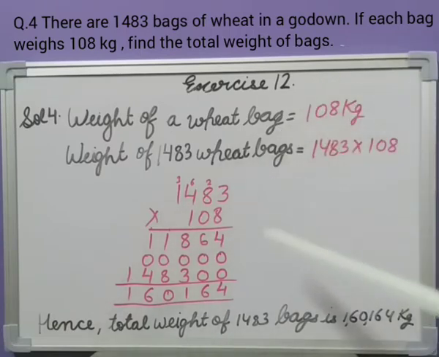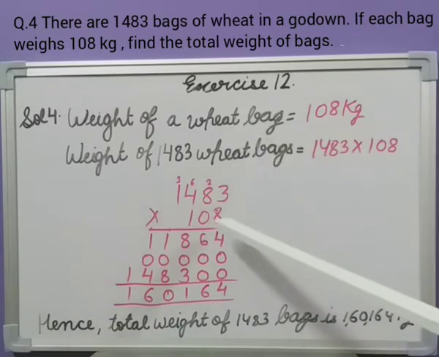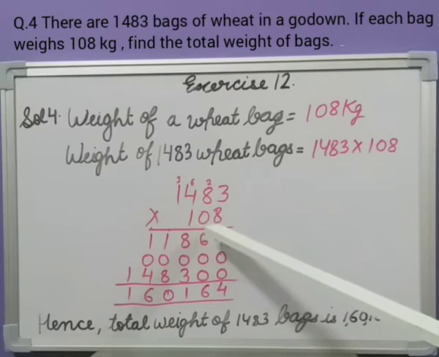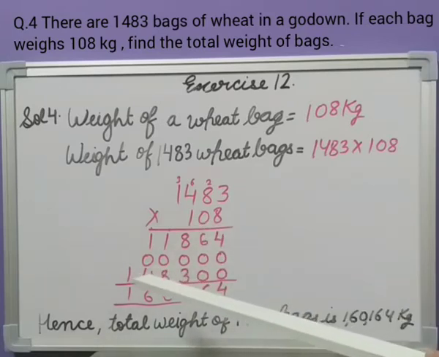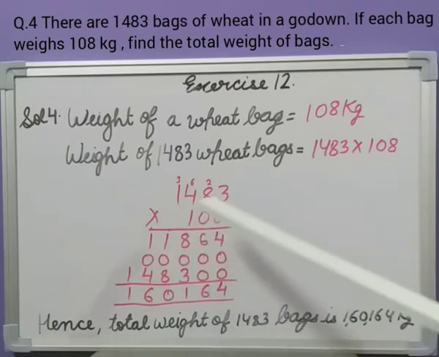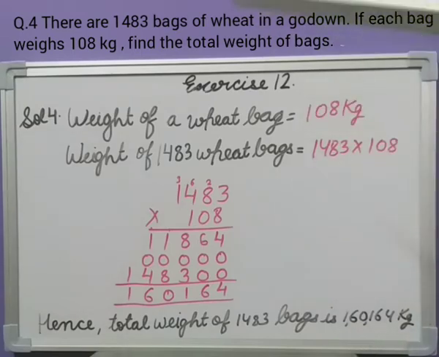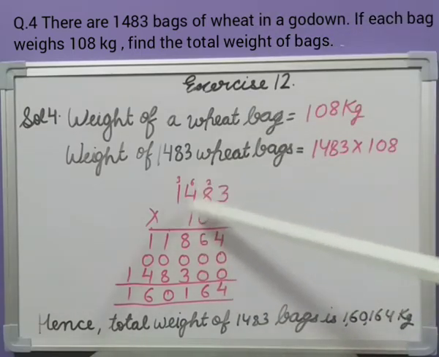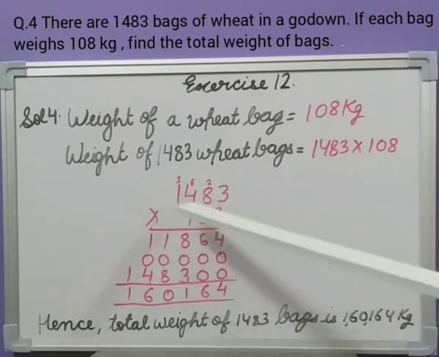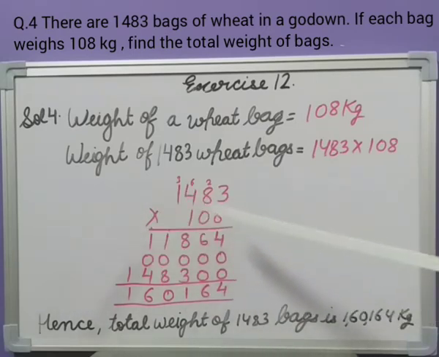So, after multiplying, we got 1,60,164. Now, here we are multiplying it by 8 first, then 0, 0, 0. Why there is 0, 0, 0? Because when we multiply any number by 0, we get the product 0. So, 0 3s are 0, 0 8s are 0, 0 4s are 0, 0 1 is 0.